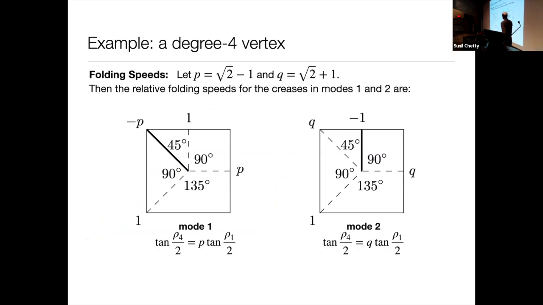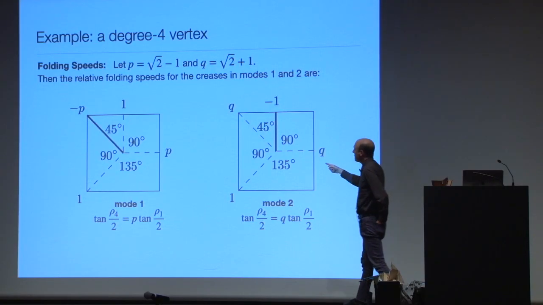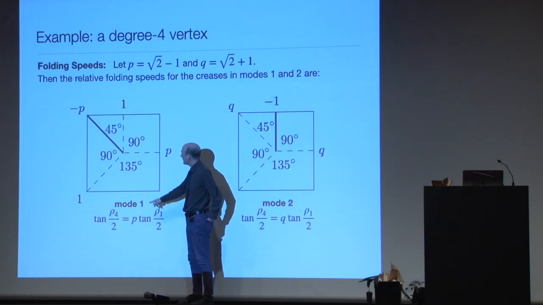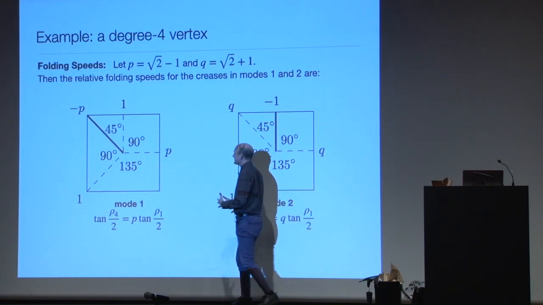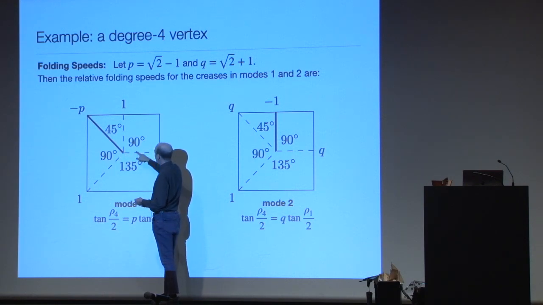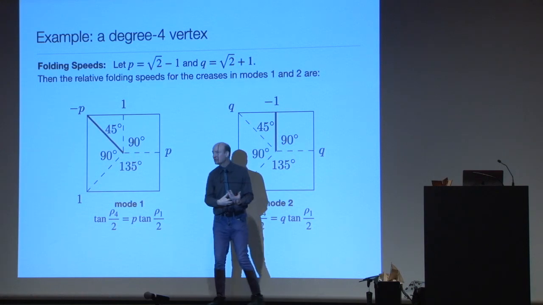This is a picture that shows the mode 1 and mode 2 folding speeds in a slightly different way. Here, I'm letting P be root 2 minus 1, and this equation down here means there are a lot of neat things you can learn from this that made the engineers really pleased, because what these folding speeds literally tell you is which pairs of creases are folding faster than the others.